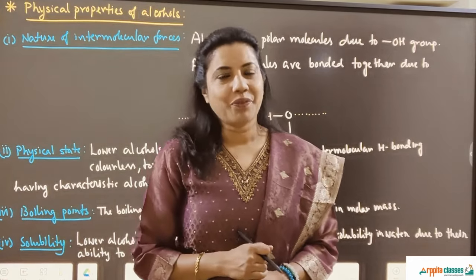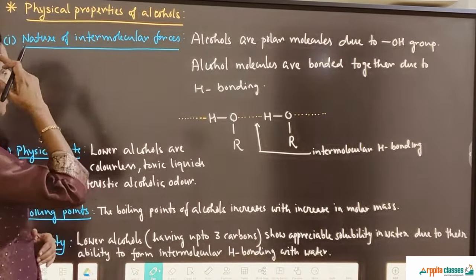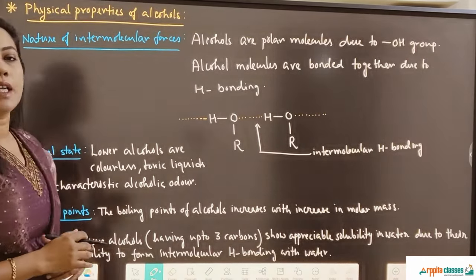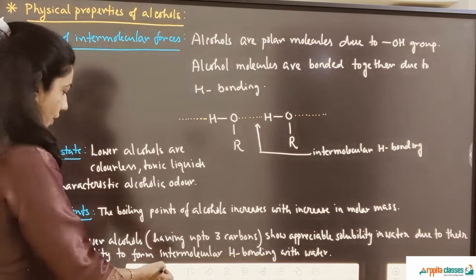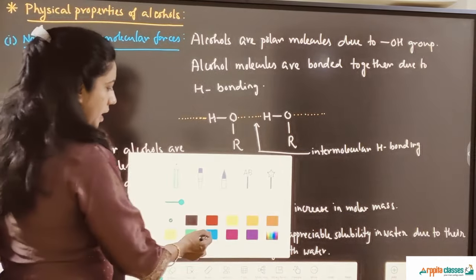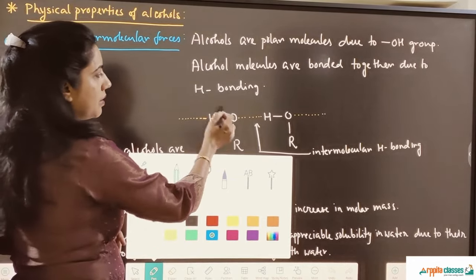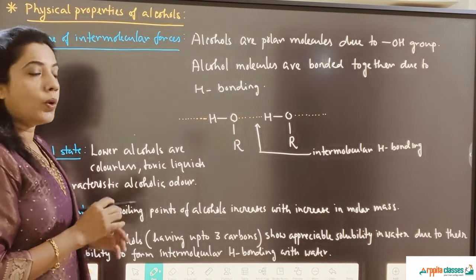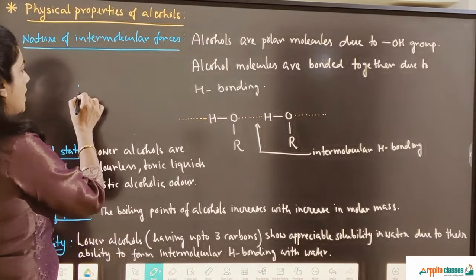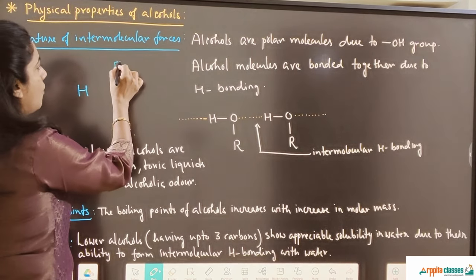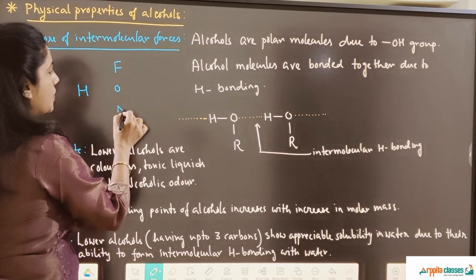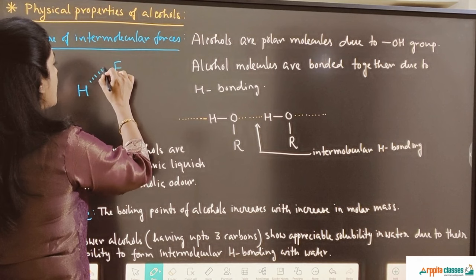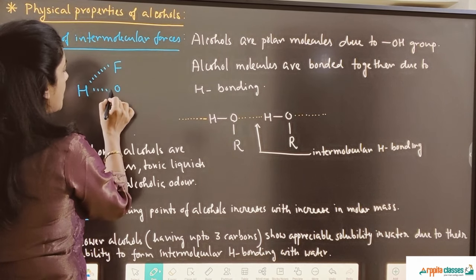Let's get started. In the physical properties of alcohols, the first physical property which we need to know is the nature of intermolecular forces. We know that in alcohol there is one oxygen present and hydrogen is also present. We already know that if hydrogen is present along with fluorine, oxygen or nitrogen, there will be a special type of bond called a hydrogen bond.